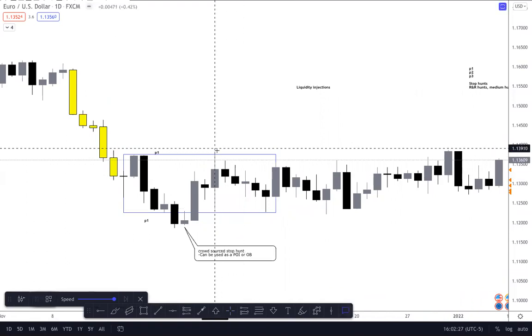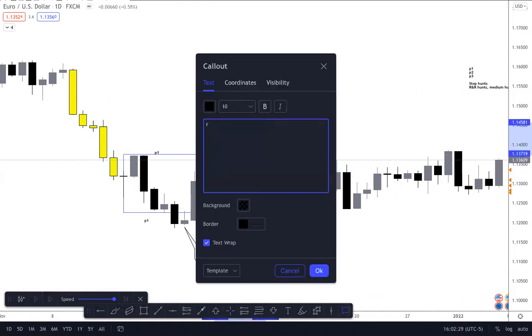We call these raid and runs, R&R stop hunts. What does this mean? Price will definitely not act as an OB. It will act as a liquidity target, showing in the future this wick needs to get taken out.